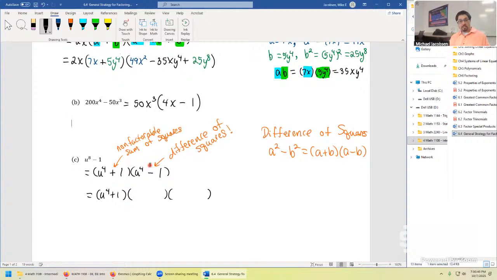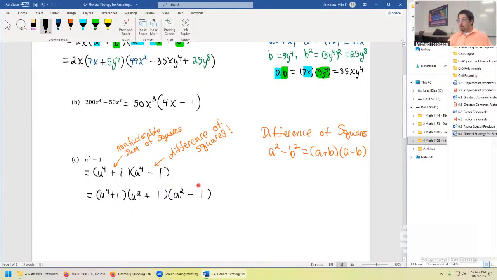Following that trial and error, we'd set down 2 parentheses. U to the 4th power can split as u squared times u squared. Signs alternate as plus and minus. 1 continues to be a perfect square, so we'll plug a 1 here and here. And now it's factored even more. The first two factors, the things separated by the parentheses and multiplying, are sum of squares, so we can't factor any of these.